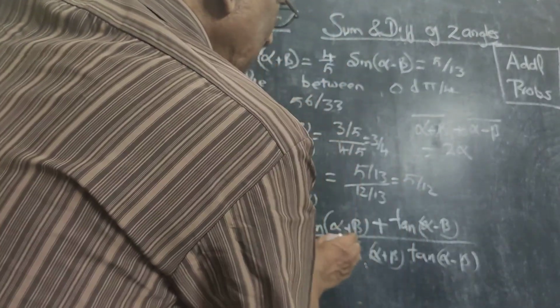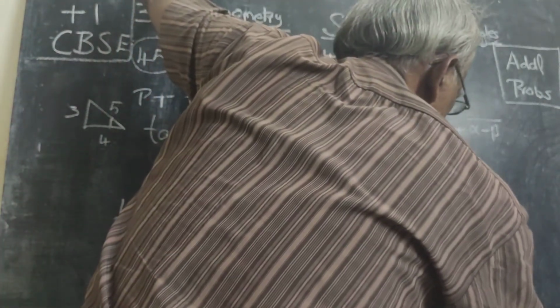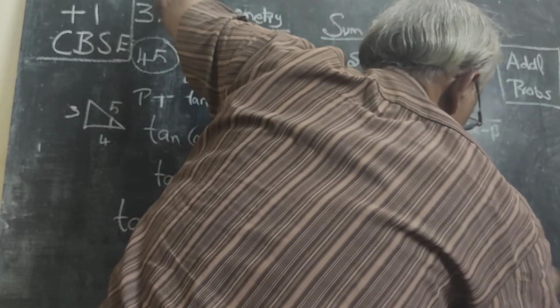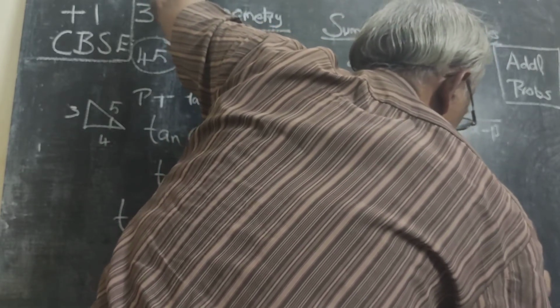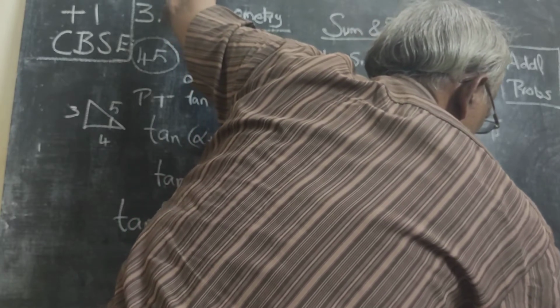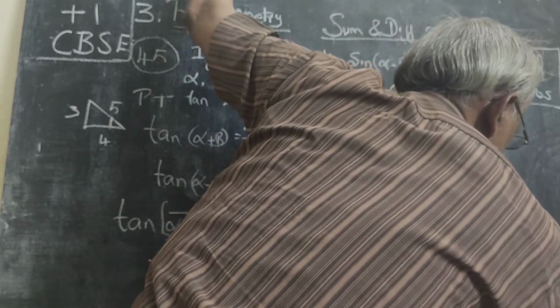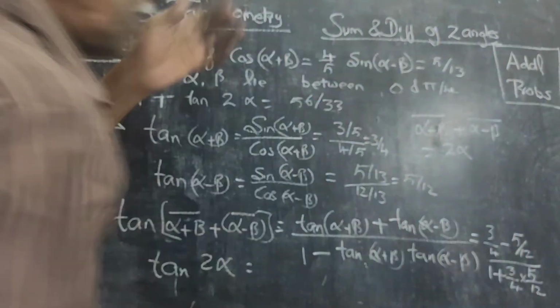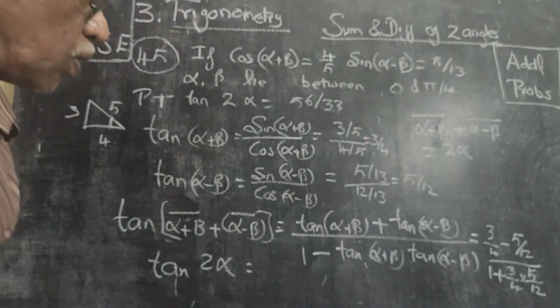Now going to the substitution step, tan(alpha plus beta) is 3 by 4 plus 5 by 12, divided by 1 minus 3 by 4 into 5 by 12. That is tan 2 alpha.